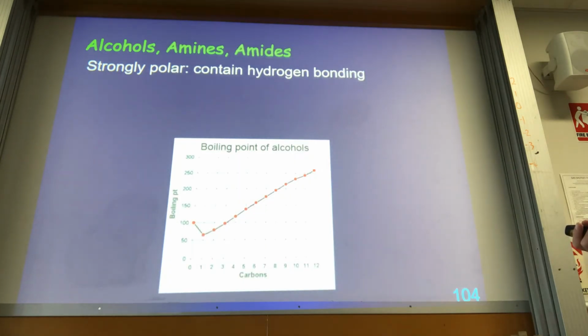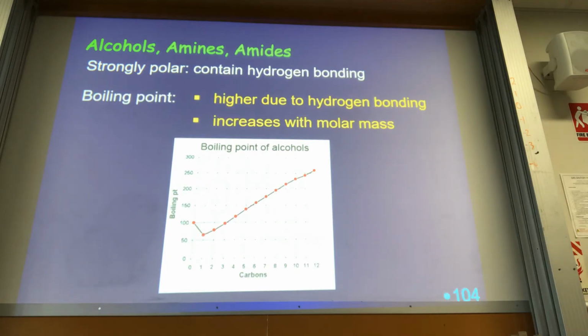Alcohols, amines, amides, strongly polar because they all contain hydrogen bonding. Alcohols have got an OH group, amines have got NH groups, amides have got NH groups. If we look at the trend in boiling points of alcohols, we see they've got much higher boiling point.